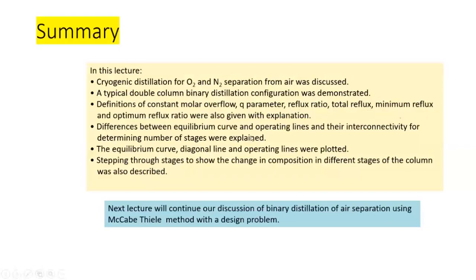Differences between the equilibrium curve and operating lines and their interconnectivity for determining the number of stages were explained. The equilibrium curve, diagonal line, and operating lines were plotted. Stepping through stages to show the change in composition in different stages of the column was also described.